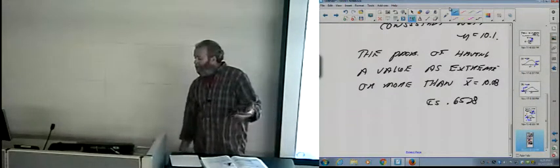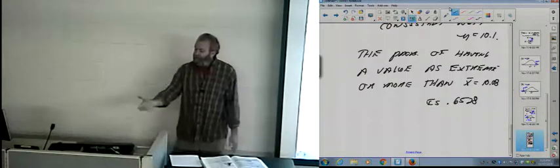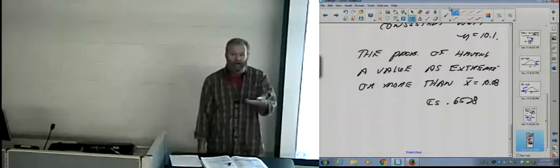If you like, the probability of getting a value as extreme or more extreme than X bar equals 10.08 is 65%.